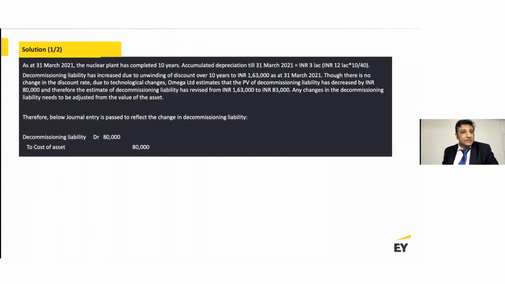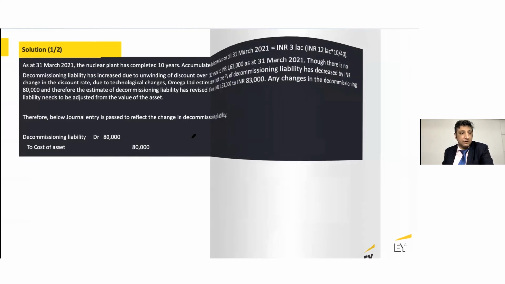There is no change in the discount rate. Due to technological changes, there is an estimate that the present value has decreased by 80,000 rupees, which means that I have to bring the value of the asset down by that. And that is where this entry has taken place on 31st of March 2021, right? That is the first part of the solution.